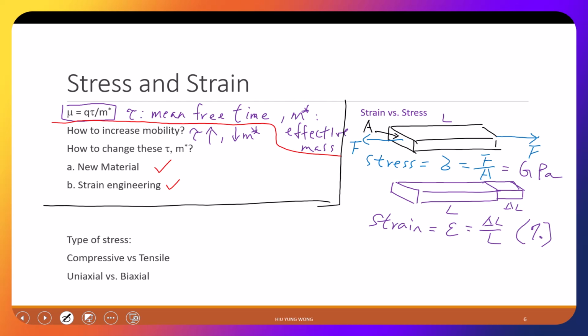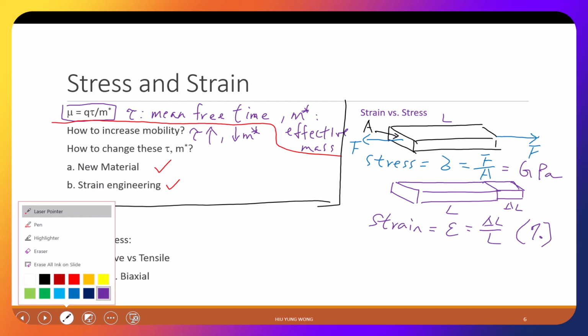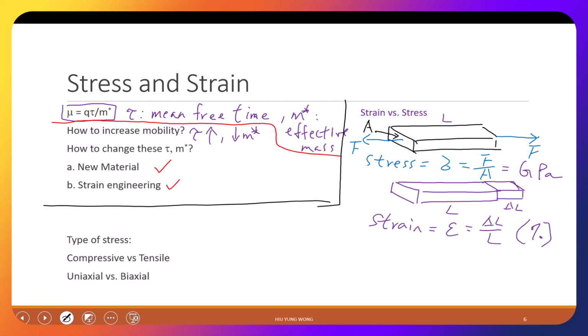Okay? Now he asked me, what if this force is pushing against each other? What will happen to the delta L? It will be negative, exactly. So that's why it brings us to another topic. We have compressive and tensile stress. When the epsilon is larger than 0, then this is a tensile strain, right? And of course, the corresponding stress is tensile stress.